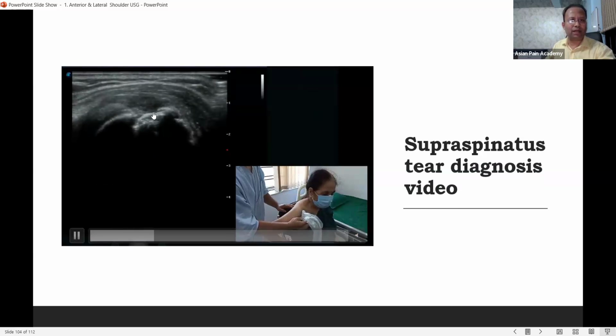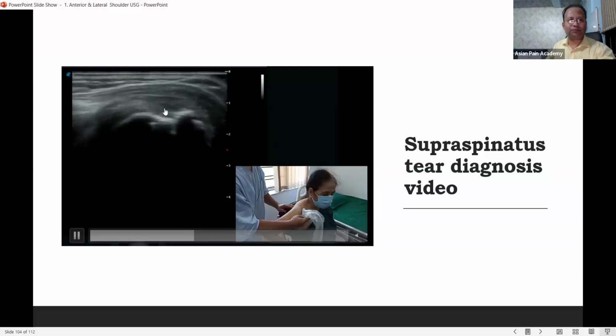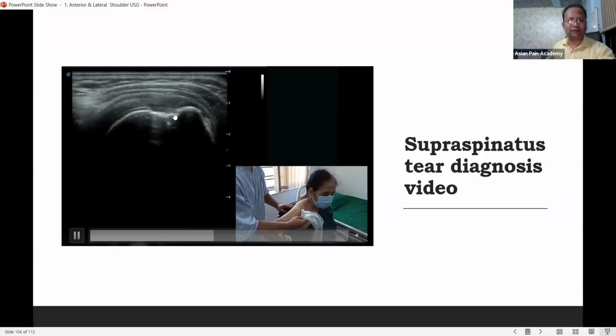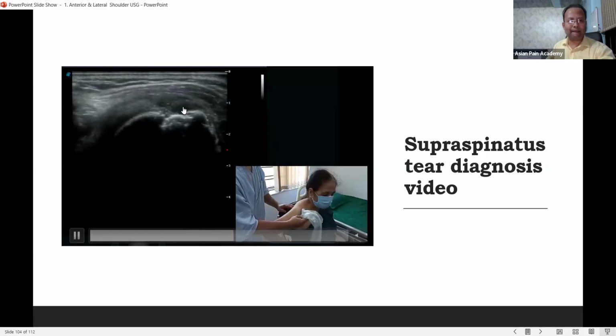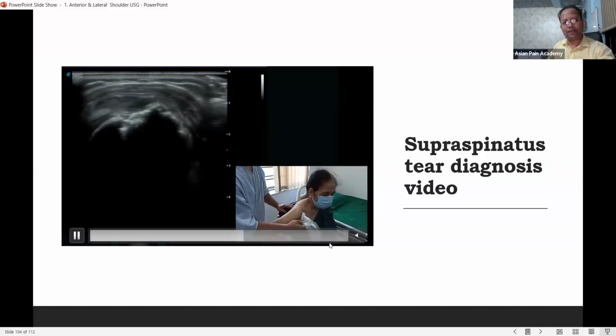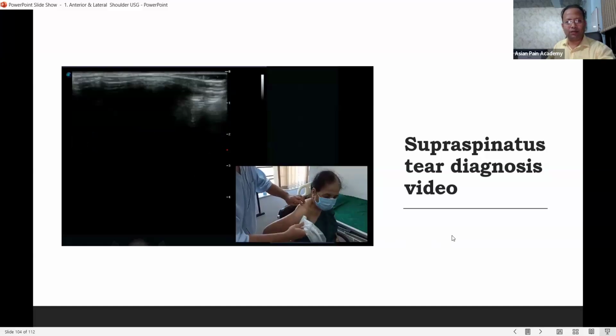You can see some cortical disruption and the associated hypoechoic tendon. So this is the supraspinatus tear, articular side, in this area. Okay, I think you have understood this part.